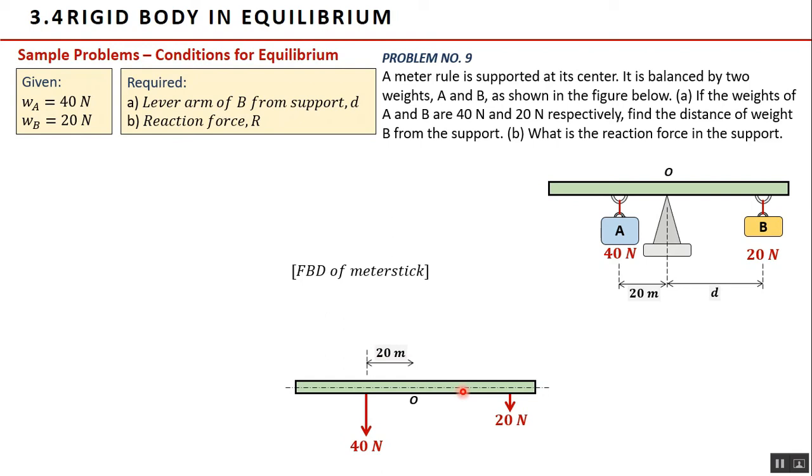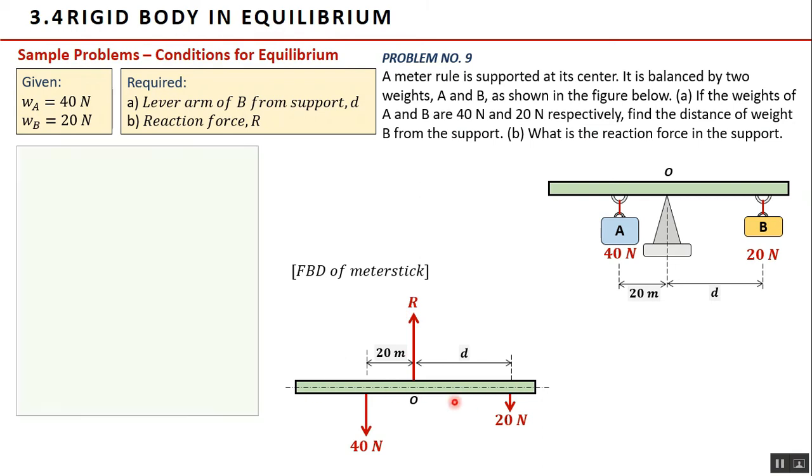We do not know yet the numerical distance of this 20 newtons from the support, so we just label it as D, and this is what we are going to find out in letter A. Then, the support should exert an upward force, called reaction force, in order to counterbalance these two downward forces. This reaction force keeps the translational equilibrium of the meter stick.